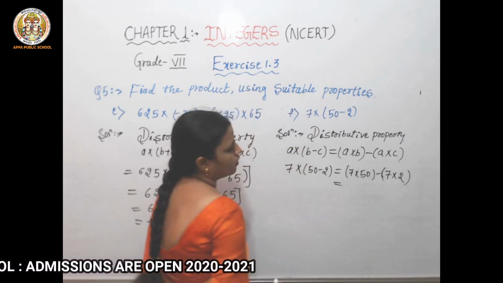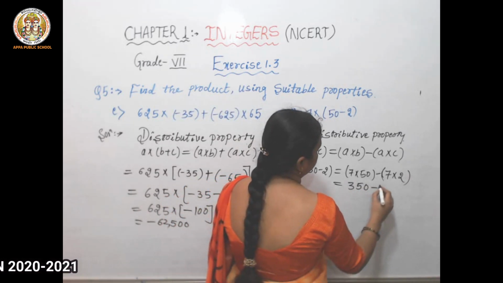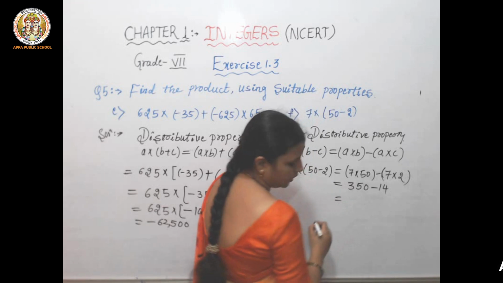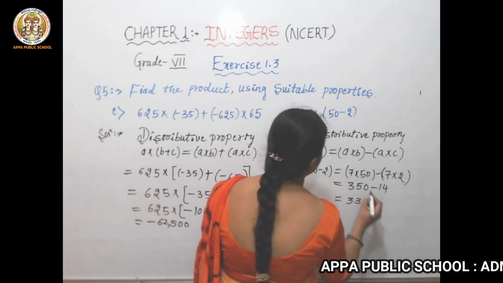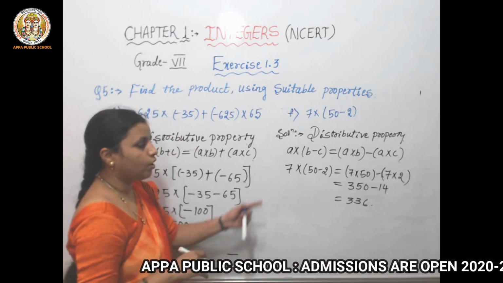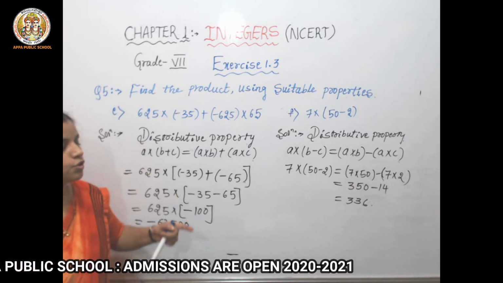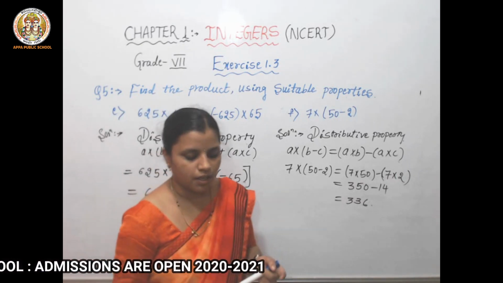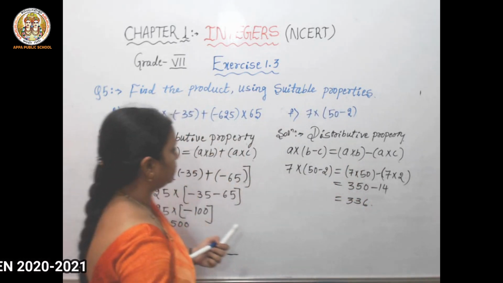Now 7 5s are 350 minus 7 2s are 14. So we will get the answer as 336. See, in a different form how we are using the distributive property. That's why I say to you that distributive property is very, very important. And the next, G.